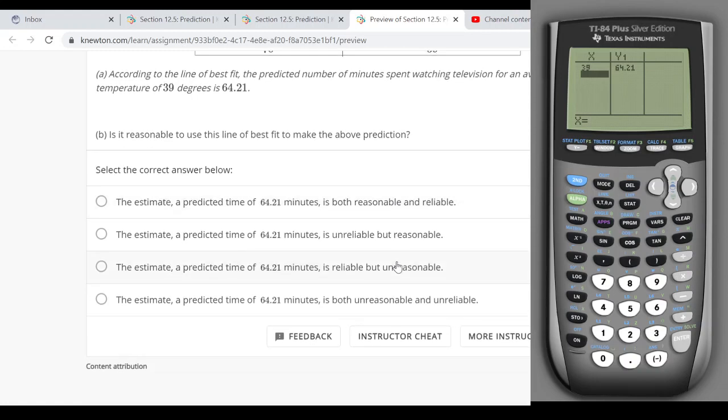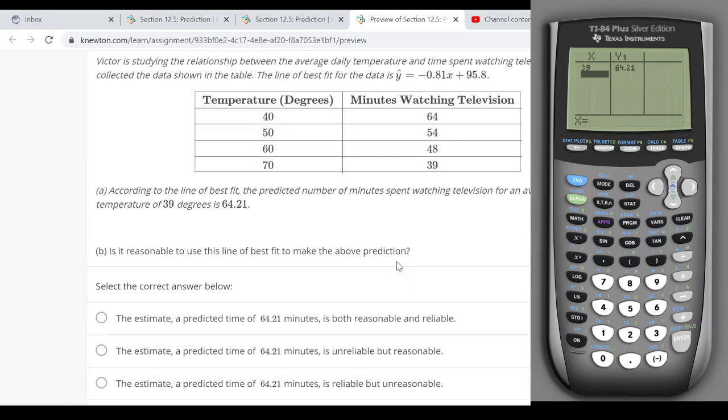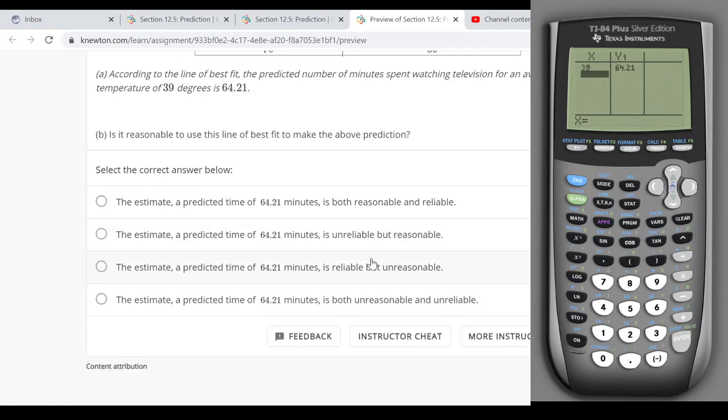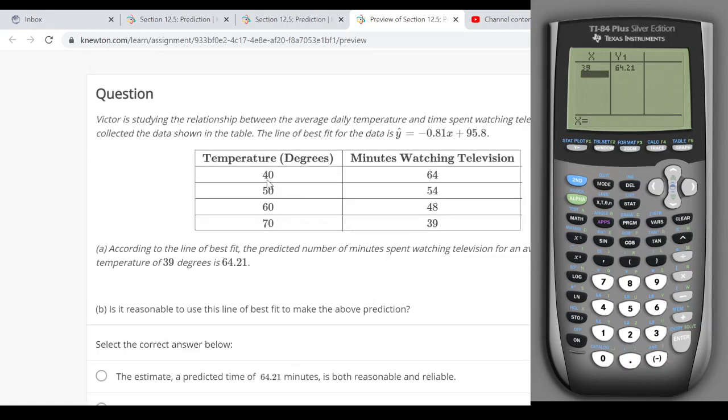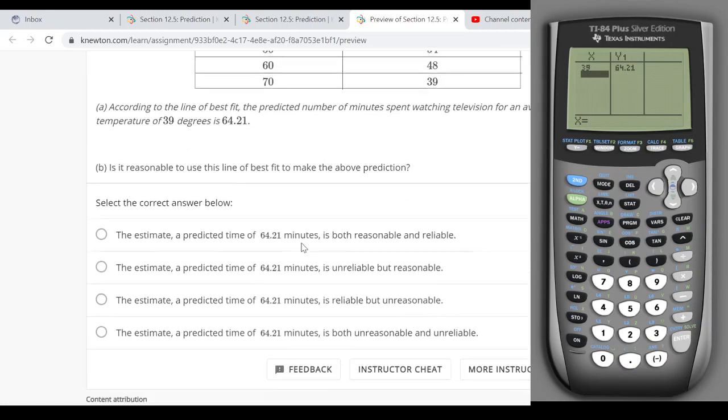Now I said it seemed reasonable because 64.21 wasn't that crazy compared to these other minutes, wasn't that extreme. It's unreliable, right? It's unreliable because it's extrapolated. The temperature of 39 was outside our range there.